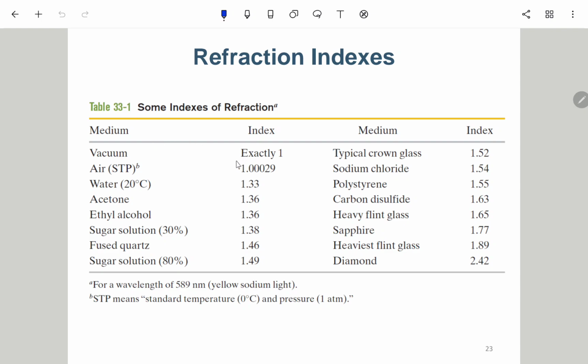Okay, so for the vacuum it's exactly 1, and then for the air it's a little bit larger, 1.000 29, a little bit larger than 1. And then for the water, 1.33.